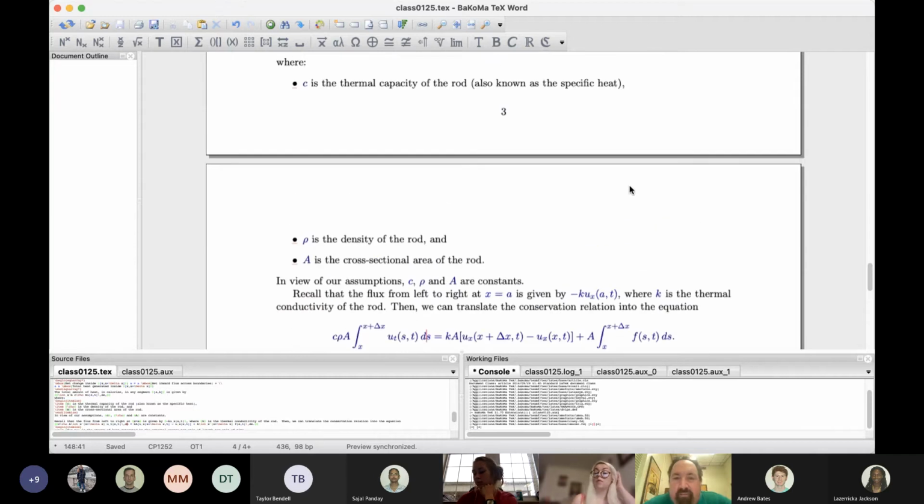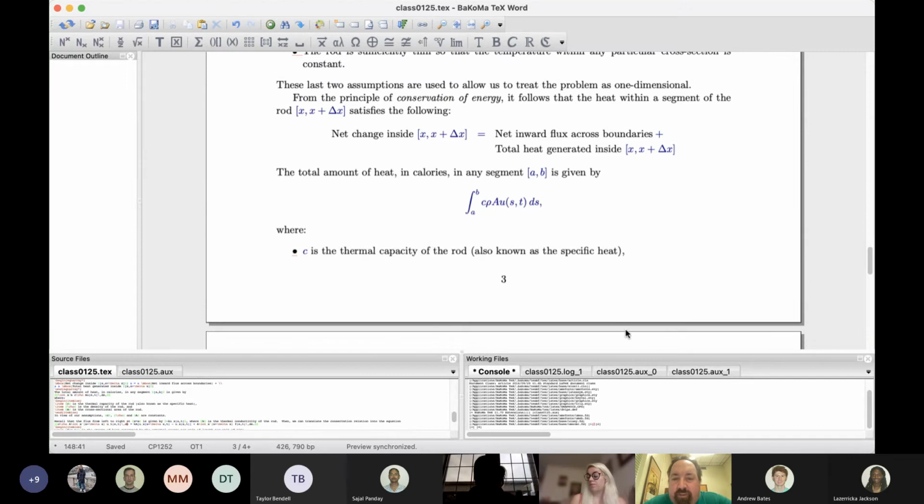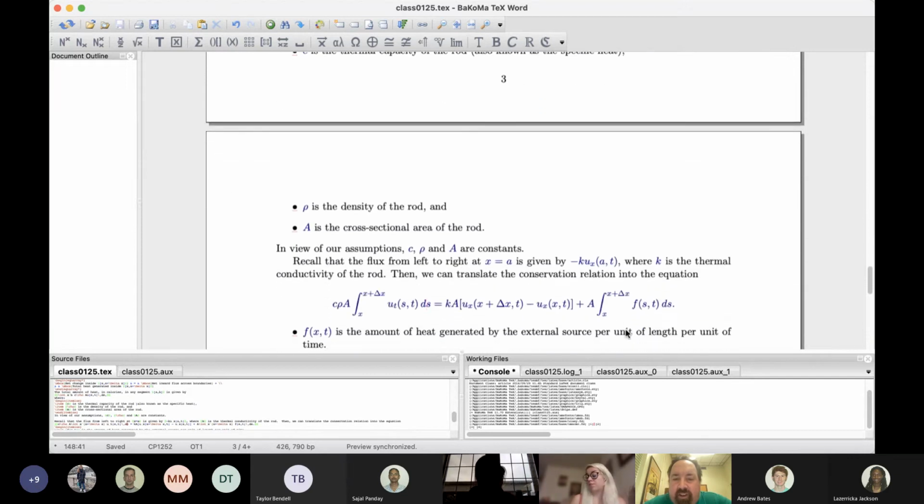Now, the net flux across the boundaries. Remember, flux is a flow rate, so that's what leads to these terms here. I have minus k ux, and flux, as I mentioned, is a flow rate, but it's also per unit area. To get the total flux, I multiply by the cross-sectional area, and that's for the left endpoint.